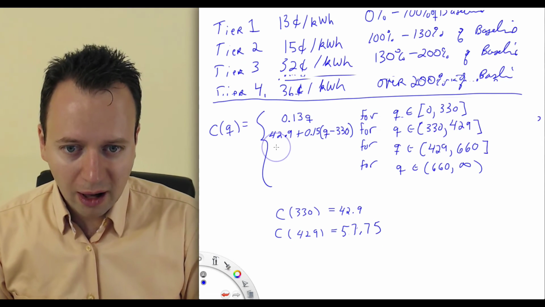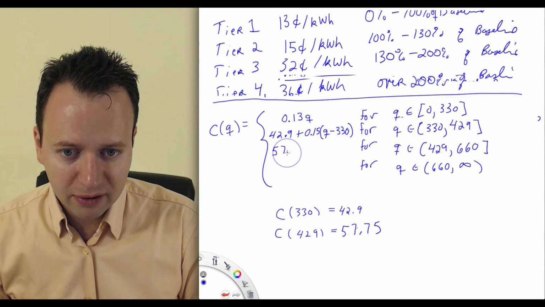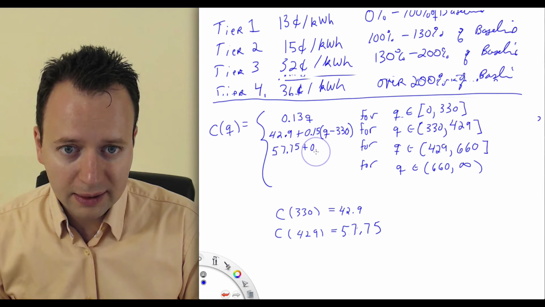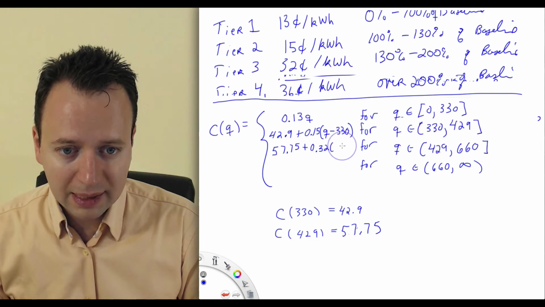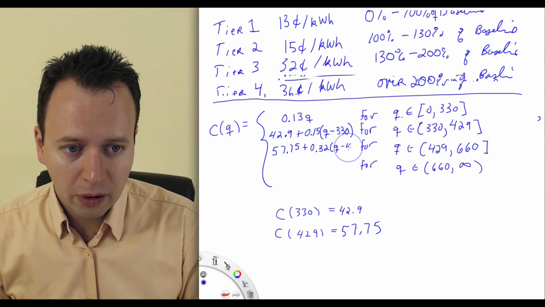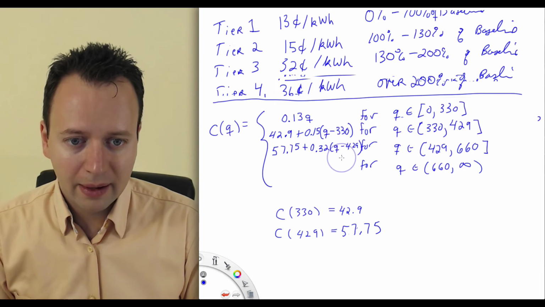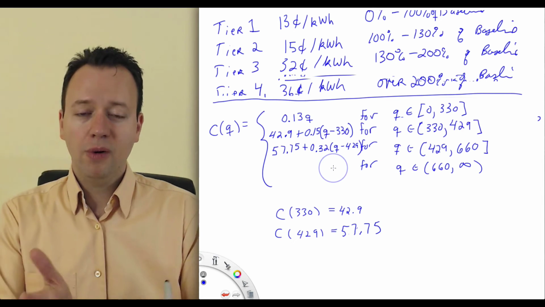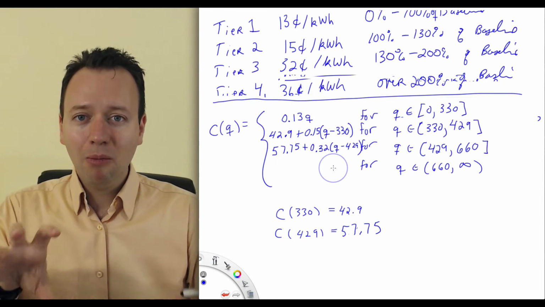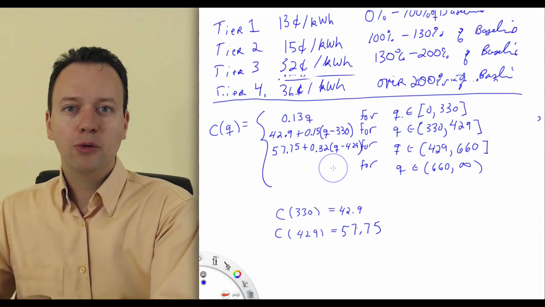So we start off at 57.75 plus the marginal rate, which is 0.32 times the amount over 429. Right? Q minus 429 tells me how much into tier 3 I am.